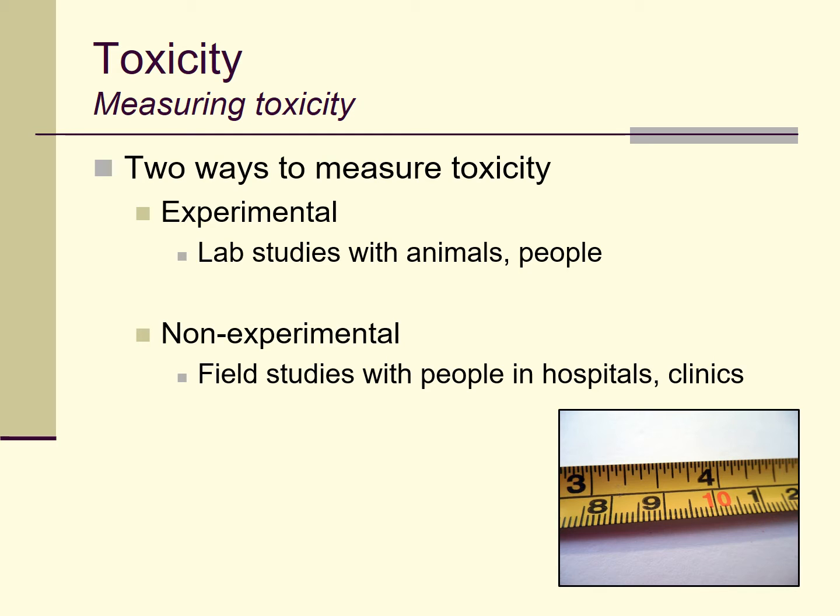So to what extent does the use of a given drug lead people to end up in clinics or hospitals, in emergency rooms, seeking treatment for drug problems, or even ending up arrested for drug problems? What are the relationships or the correlations between use of a drug and physical and mental health problems associated with use of a drug? How can we see those relationships non-experimentally out in the real world?